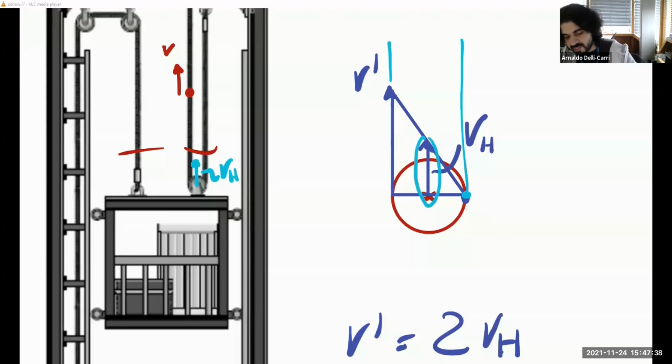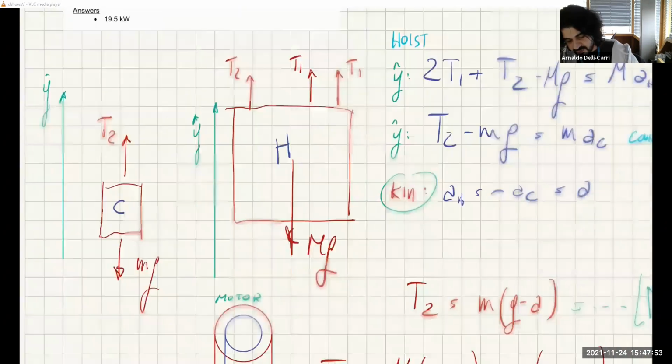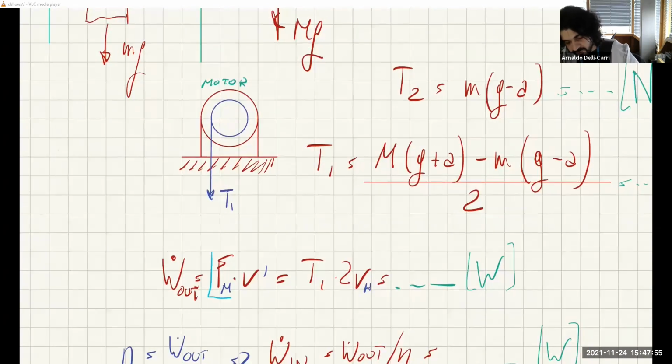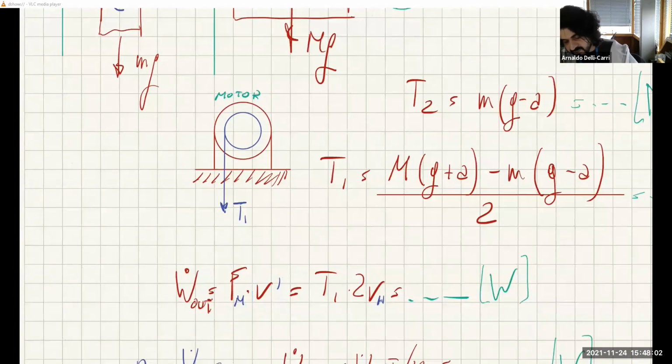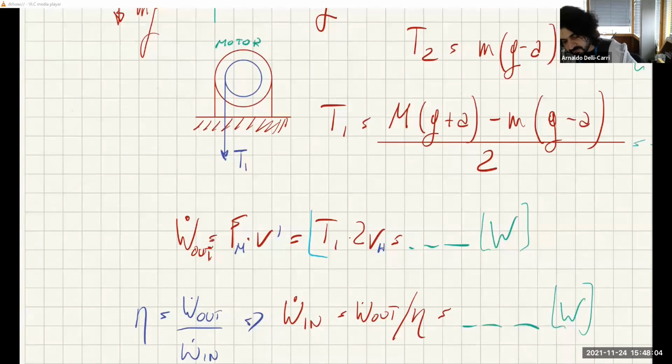And so the velocity here, V prime, which is the velocity of this strand of cable, must be twice the velocity of the hoist. So we want the force of the motor times the velocity of that strand of rope. That gives T1 times 2VH, which is a certain amount of watts.